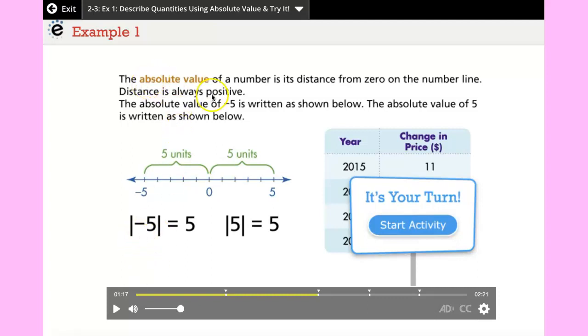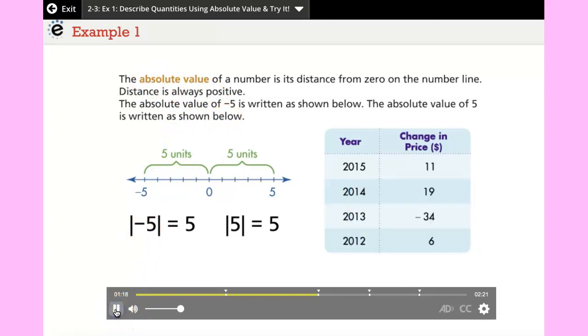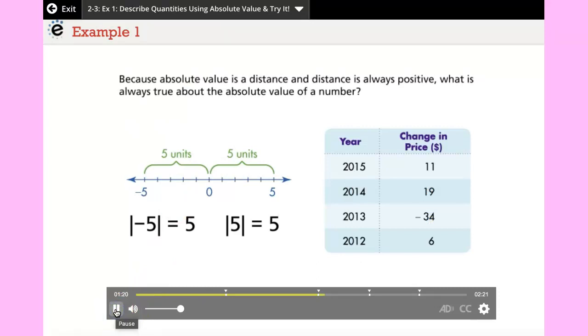Absolute value will always be a positive distance from your starting point. Okay? Because absolute value is a distance, and distance is always positive, what is always true about the absolute value of a number? Absolute value is always positive, except for 0.